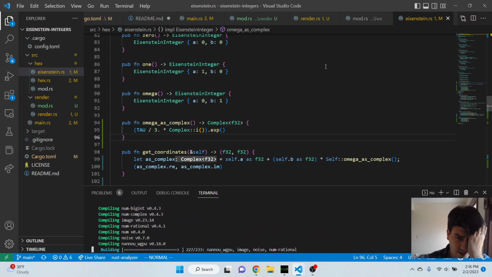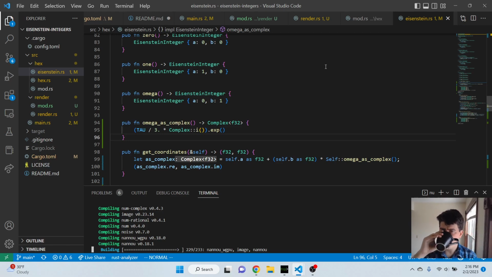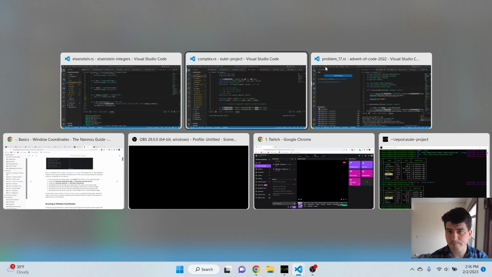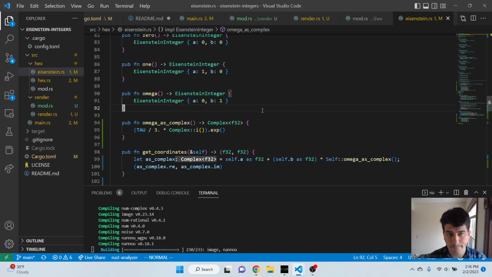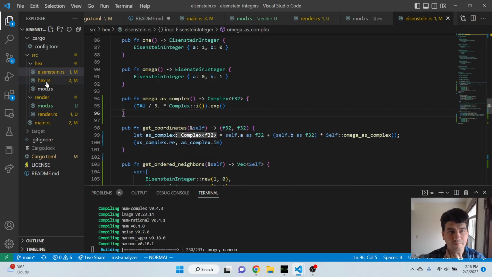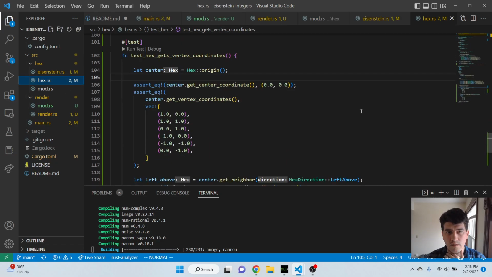Expecting some failures here, I think, because of the way I did the hexes. Yeah, like this is going to be wrong.